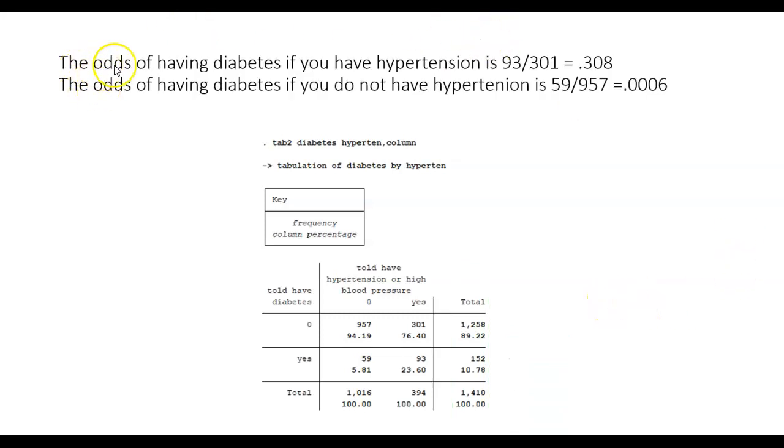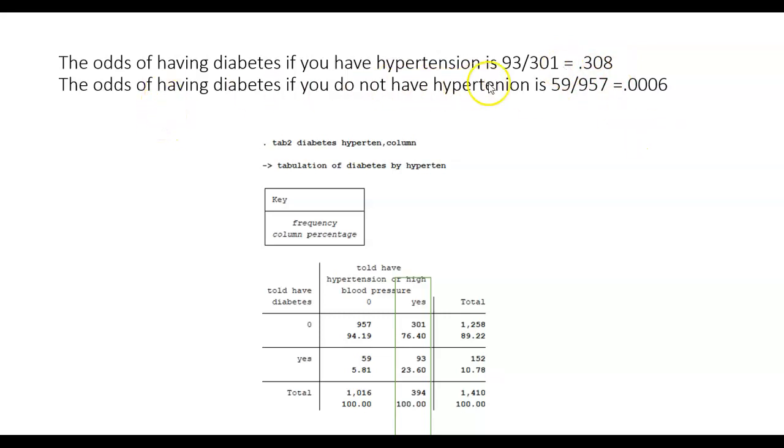So what about the odds of having diabetes if you have hypertension? This is a better way to look at the relationship between these variables. The odds of having diabetes if you have hypertension, there's our yeses, is going to be 93 divided by 301, and that's just 0.308.